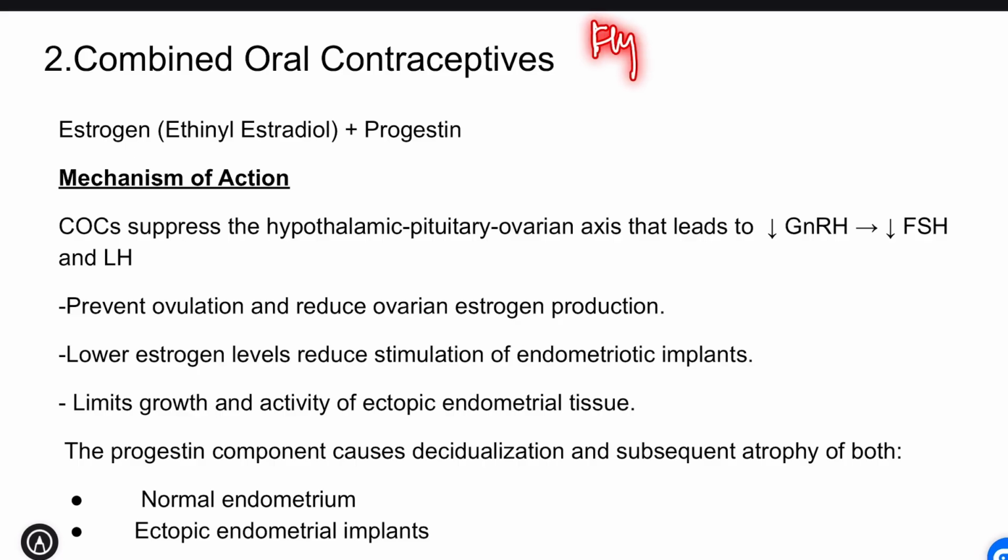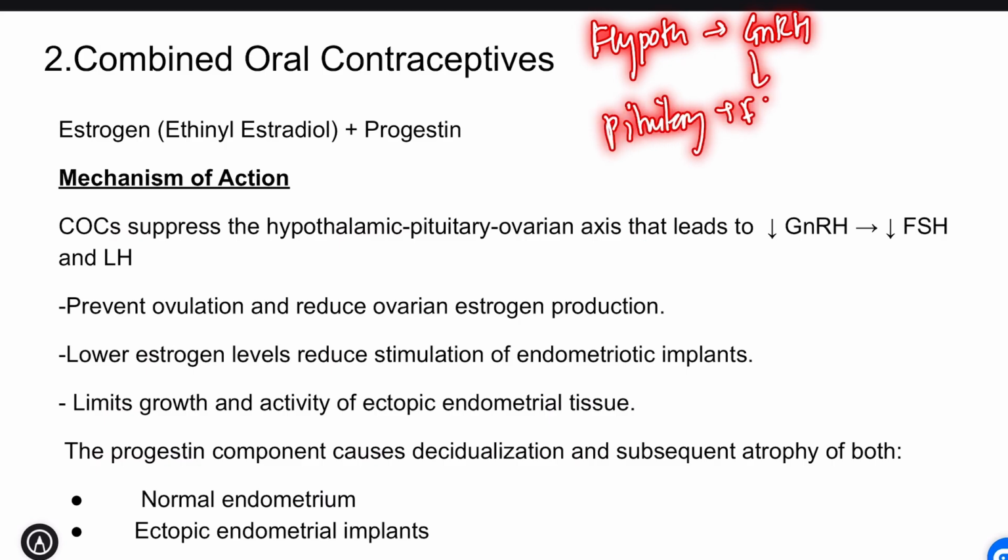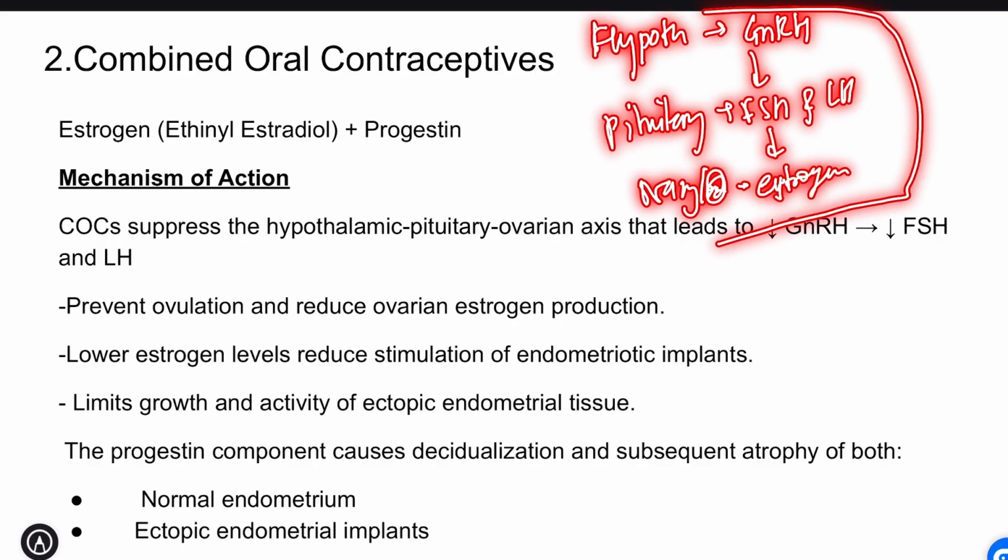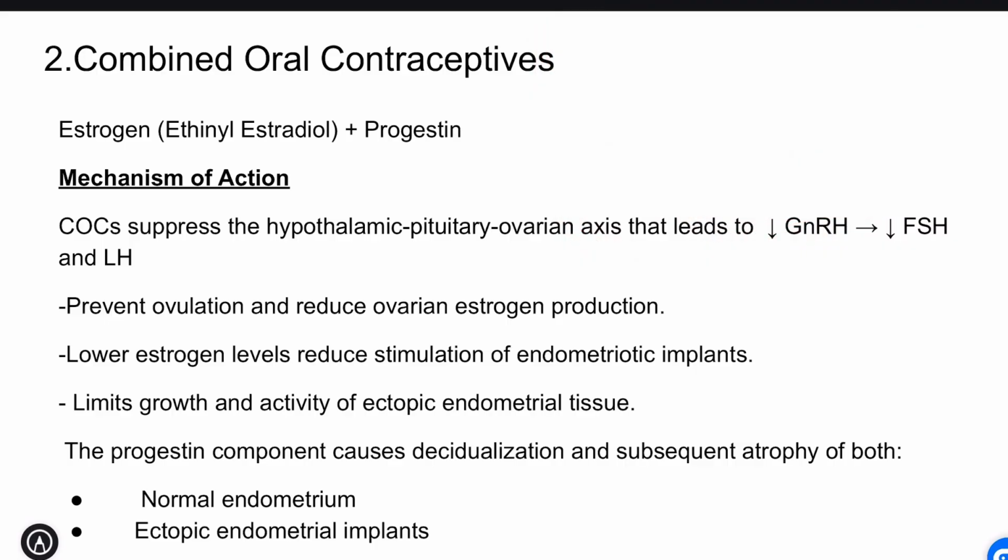Hypothalamus, ये हमारा hypothalamus है. It will secrete GnRH. This will act on pituitary, which will secrete FSH and LH. This will act on ovary or uterus or वो वाला reproductive system, which will secrete estrogen.